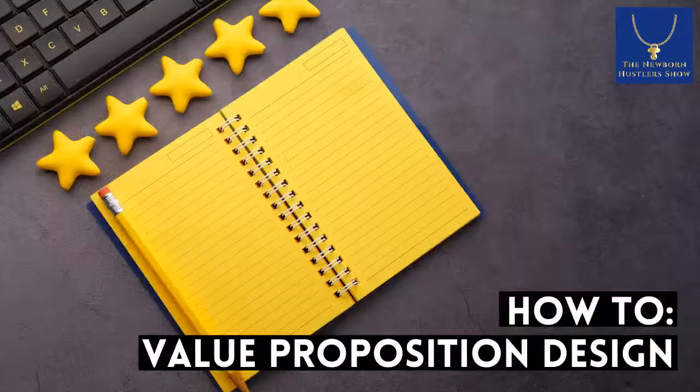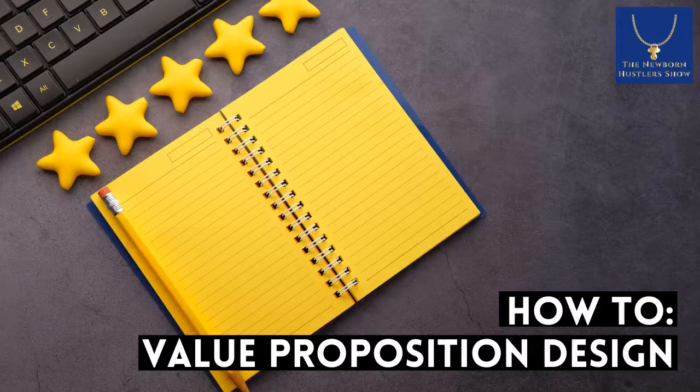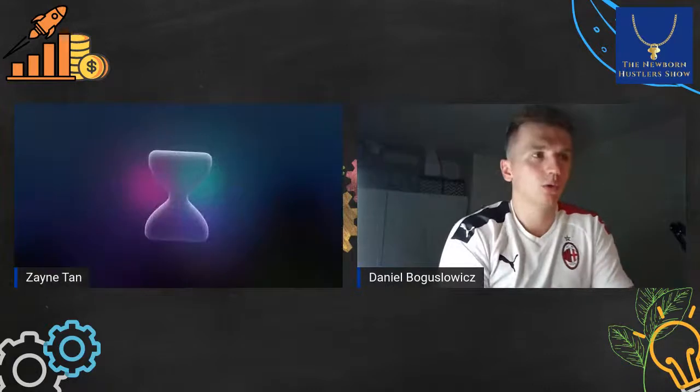And tonight we will be talking about value proposition design, more specifically we will show you how to properly use the value proposition canvas. A very nice tool from Strategyzer. We have used some other tools from Strategyzer before.